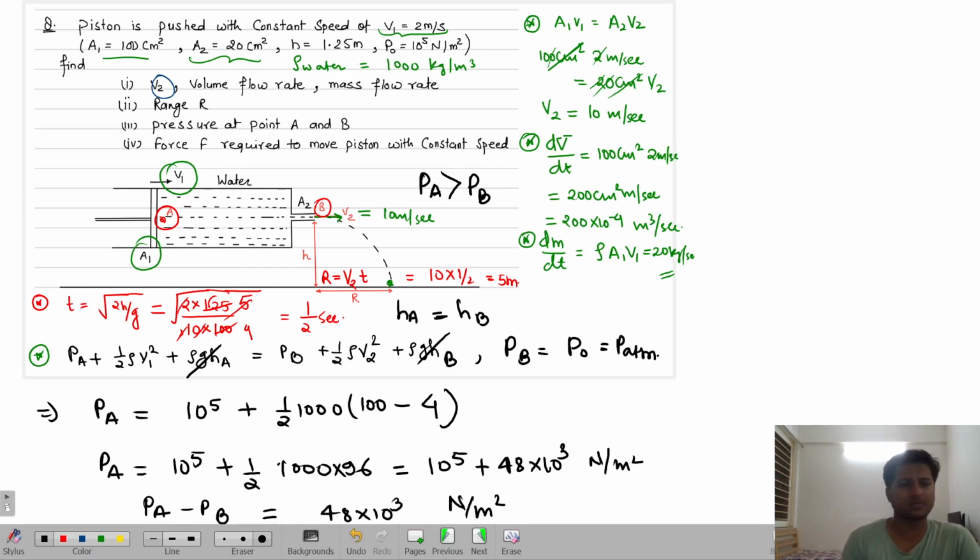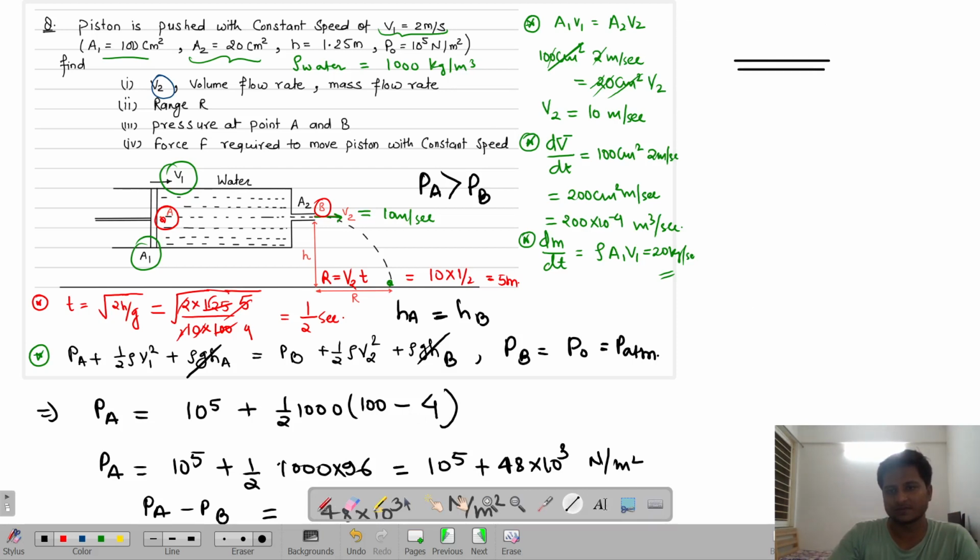If P of A is greater, then that means only one thing, that at that point I need to apply some extra force, isn't it? But the question arises: how are you going to apply that extra force? Are you able to get me or not? Yes. So look over here. If I see the piston, this is my piston, isn't it?